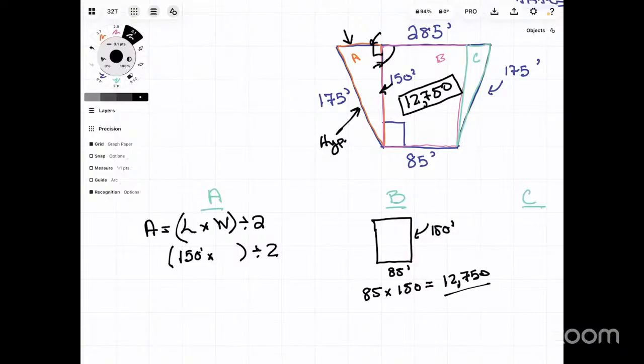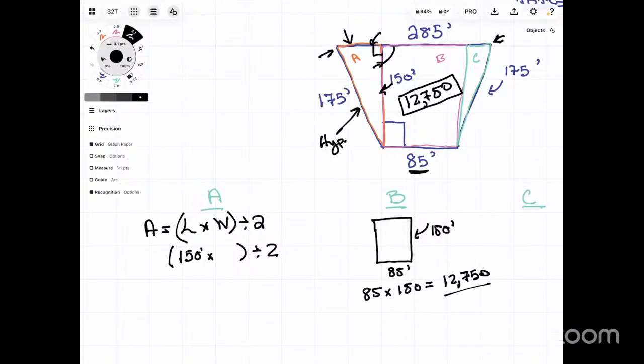I'm assuming they want us to assume that those two things are the same. So if you've got 285 and this down here is 85, that leaves between piece A and piece B 200 feet.